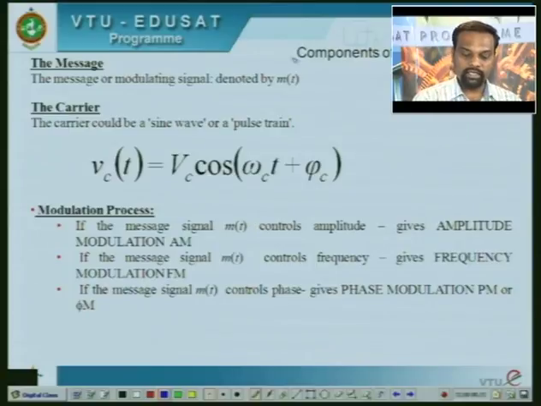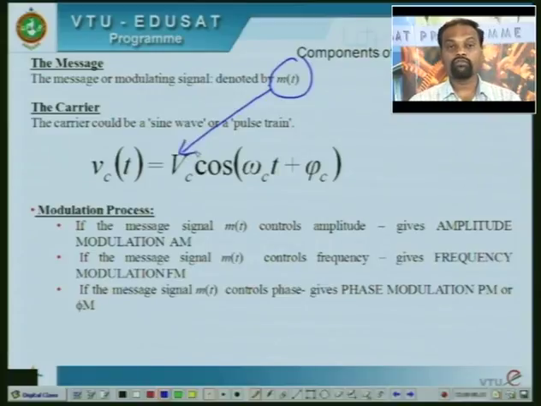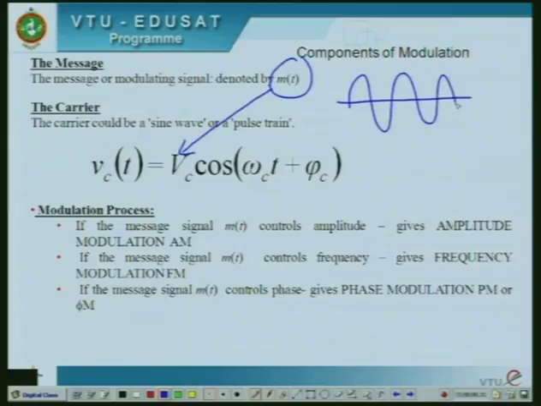If m of t changes the characteristics of Vc, which is the amplitude of the carrier, what I mean is, suppose this is the carrier signal and I change the carrier amplitude.